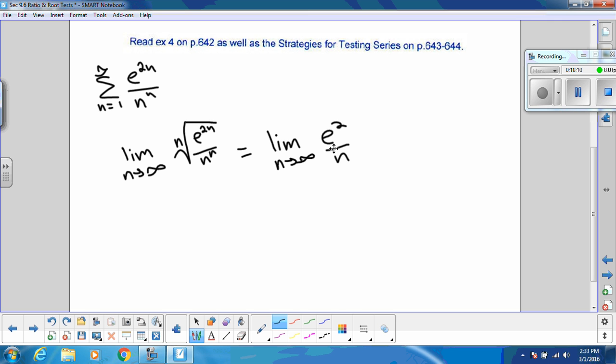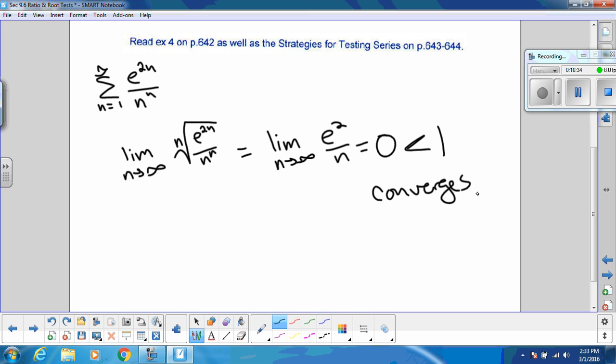All right, so if I plug in infinity, this is e squared over infinity, which is 0. And 0 is less than 1, so that means the nth root is less than 1, so it converges. Okay, so there's an example of the root test.